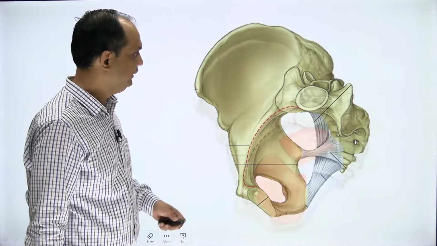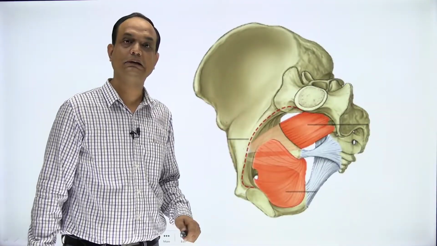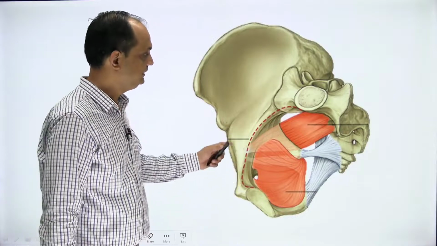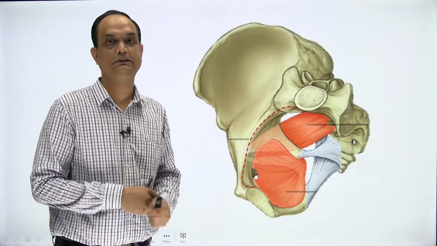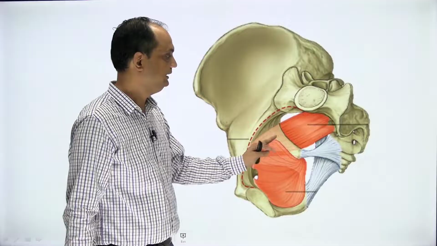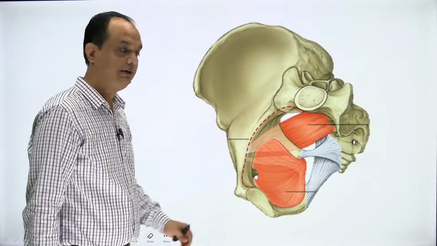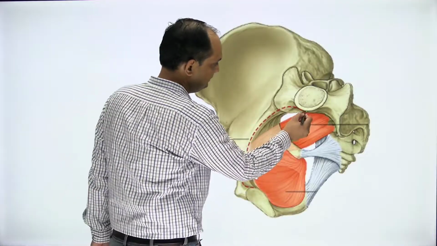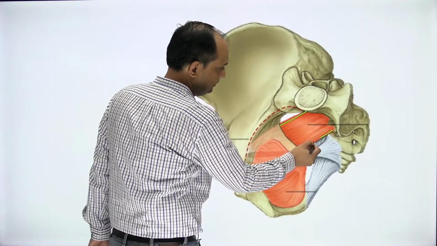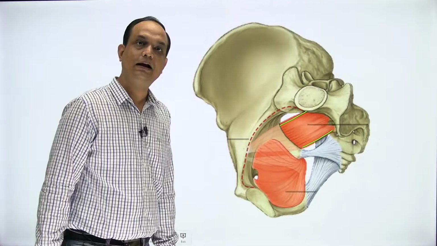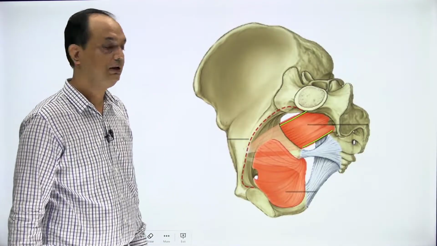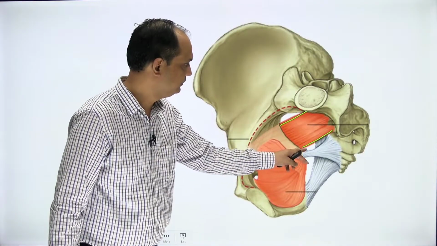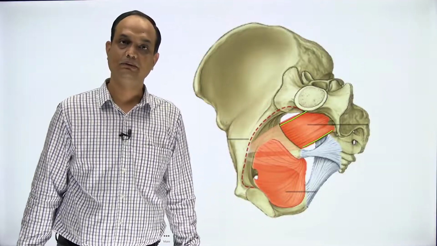Clear? So when you see the next slide, you can appreciate that there are two major muscles present in this section. This one is a muscle arising from your sacrum and going towards your gluteal region through the greater sciatic foramen, and this is the piriformis.